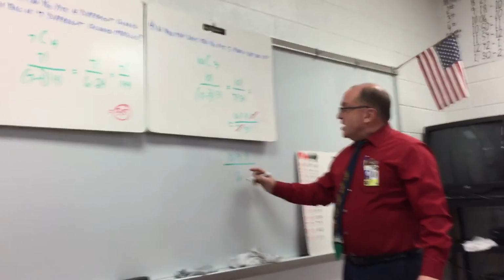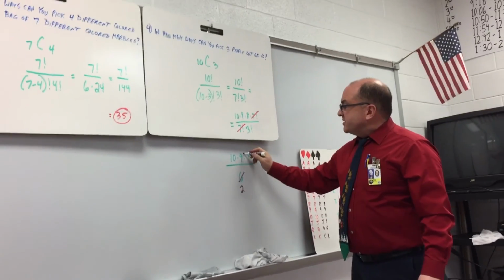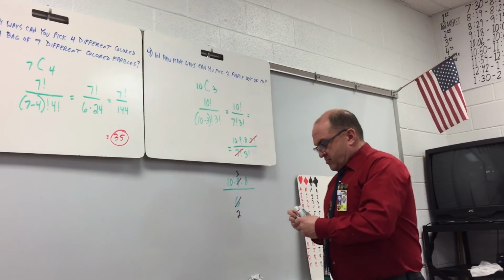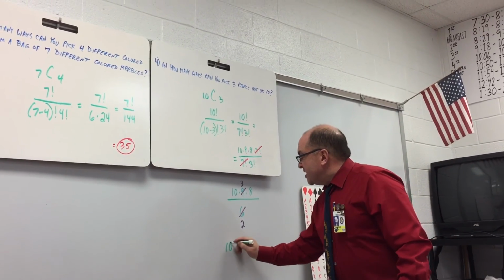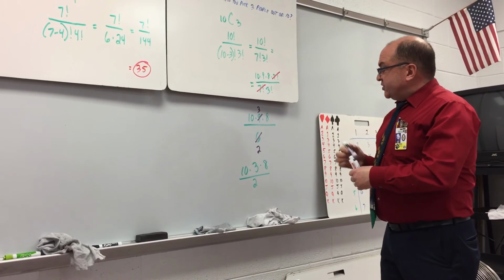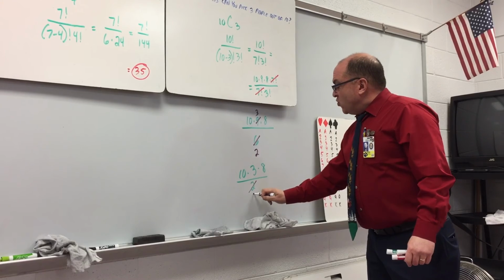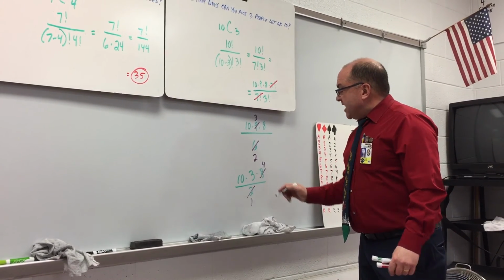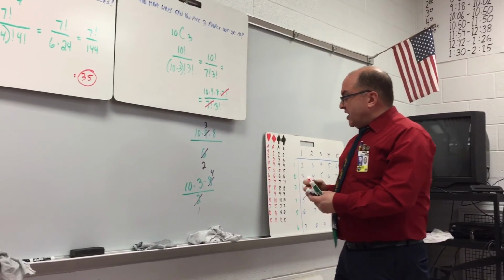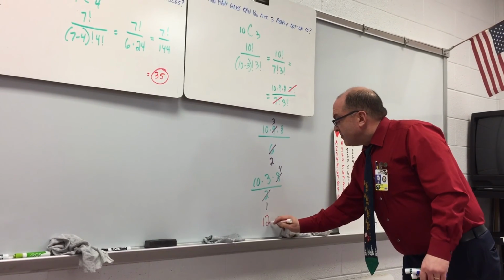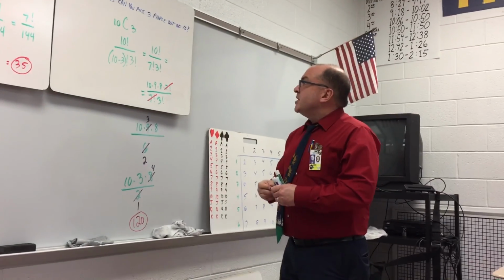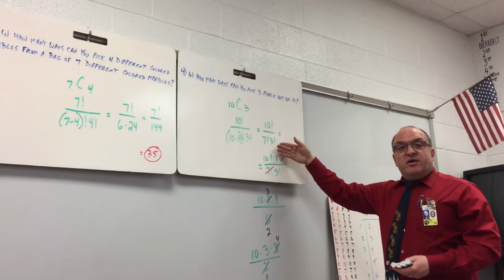Well, 3 goes into 6 twice. 3 goes into 9 3 times. So now I have 10 times 3 times 8 divided by 2. And hey, 2 goes into 2 once. 2 goes into 8 4 times. So now I have 10 times 3 is 30. 30 times 4 is 120. That's another way to do it if you're not doing it on your calculator. Okay? But if you use these numbers on your calculator, that'll work too.